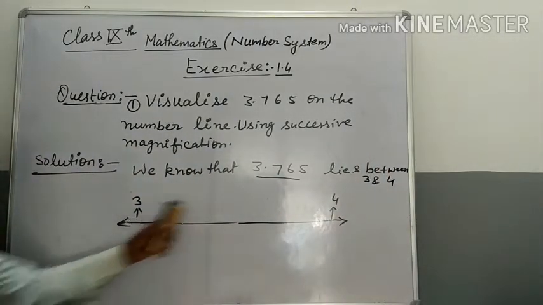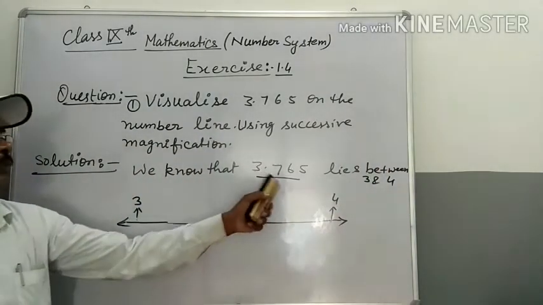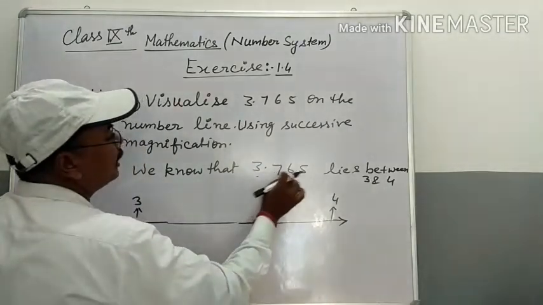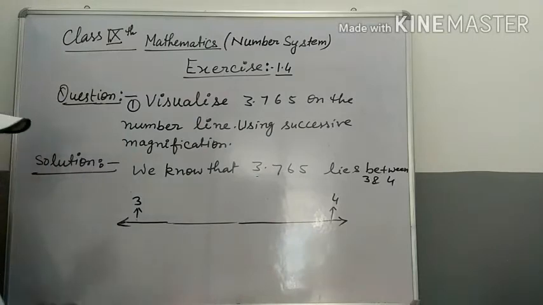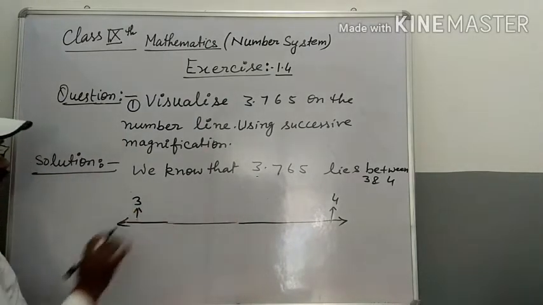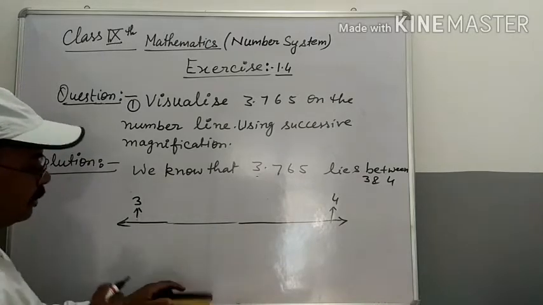Between 3 and 4, we have to visualize 3.765.